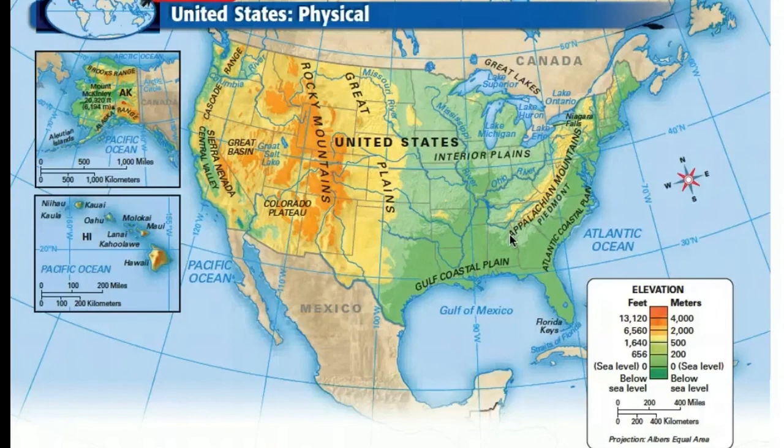In the South, there's low flatland close to the sea, called the Gulf Coastal Plain. The main bodies of water in the East and the South are the Atlantic Ocean and the Gulf of Mexico.